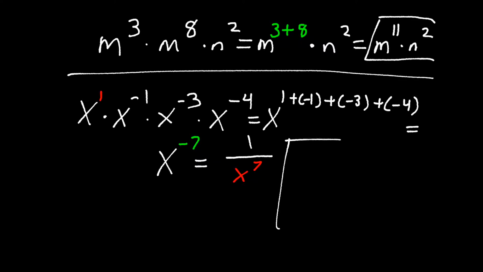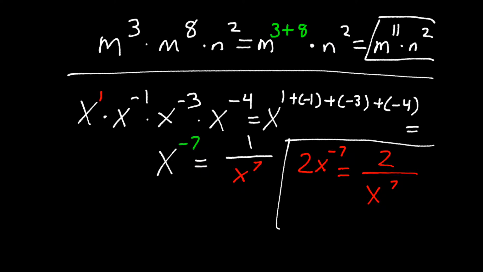Now if, let's say, I had 2x to the negative 7th, x to the 7th would still go below, but what do you think would be up top? You're right, it would be a 2. So since the 2 is not attached to the exponent, it stays up top. Just the exponent and its base go below.